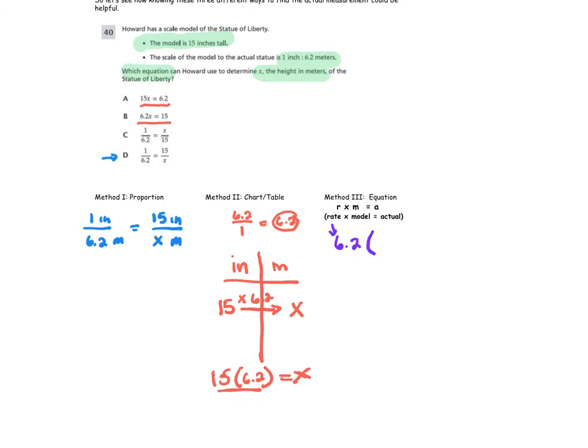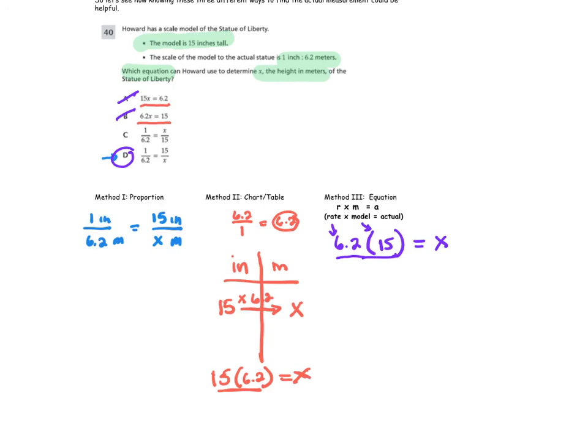Then we would multiply times the model, which we know is 15, and that would give us the actual, which we don't know right now. So this equation is 6.2 times 15. So it's just the reverse of the one we had in the chart method, and neither one of these work. So these we can eliminate. We already could tell through our proportion that this was actually the equation that we needed to use.